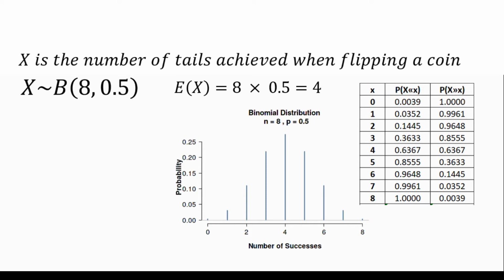So if I wanted to check 7, I will check greater than or equal to 7, moving away from the expectation of 4. So I really want to make sure I get the tail. I want to get the top end of the distribution. Greater than or equal to 7 is still quite a small probability. It's 0.0352, which is 3.5%. That's still less than the significance level, the suspicion level of 5%.